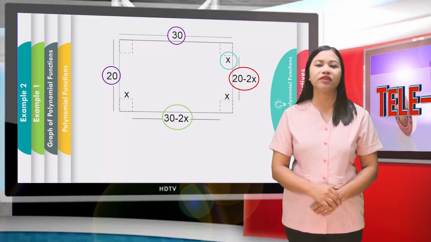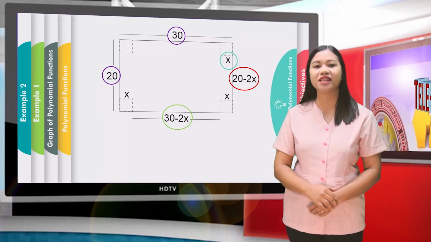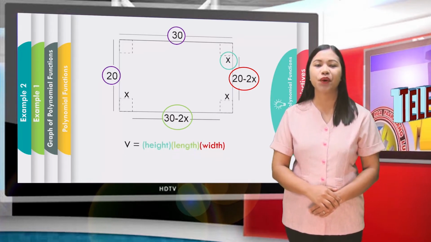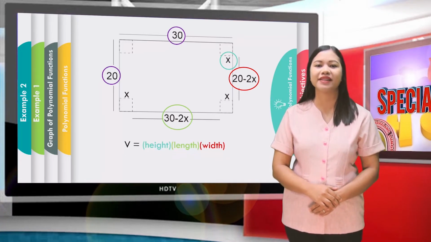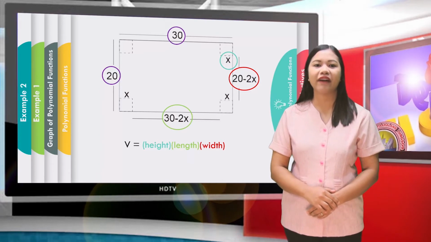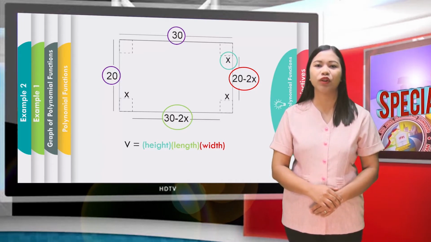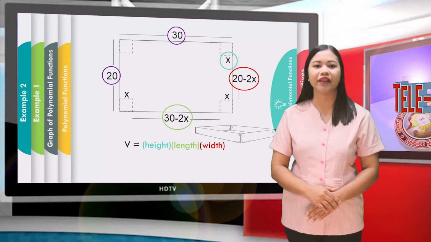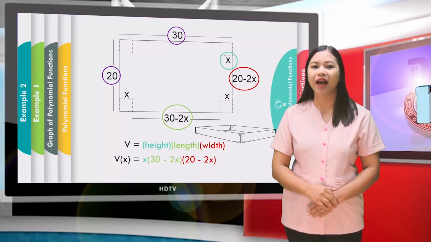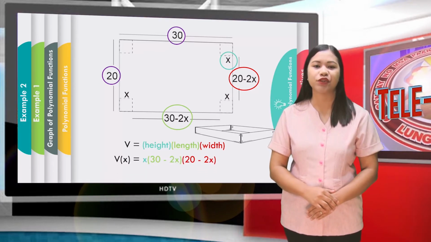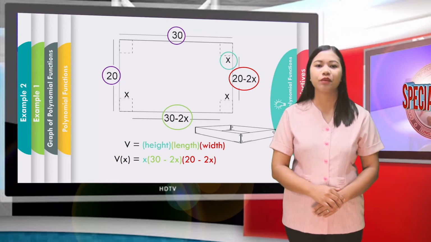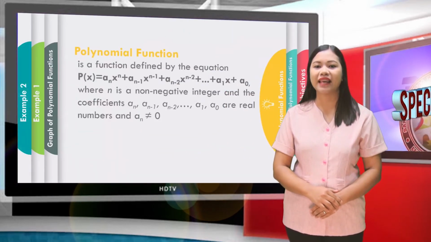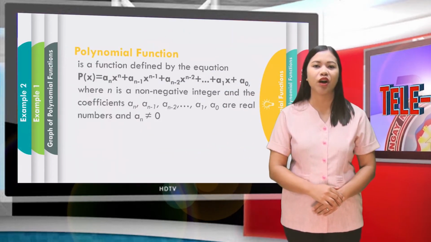Since the volume of the box is represented by this formula, the volume of the open box is V(x) = x(30 - 2x)(20 - 2x). This equation is now an illustration of a polynomial function.